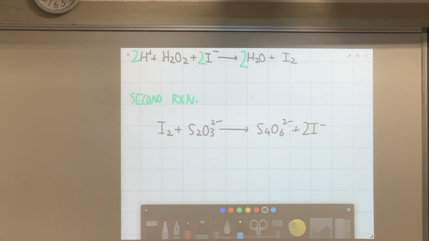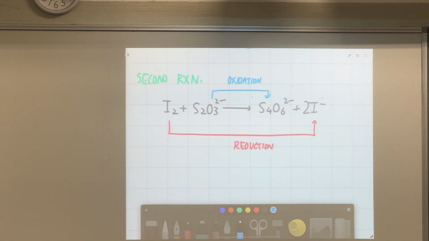Be careful this time. Iodine is reduced because its oxidation number went from 0 to -1. Yes, so this is reduction, and something else is oxidized. Okay. And then, can you write down the reaction here? This is a fast reaction.